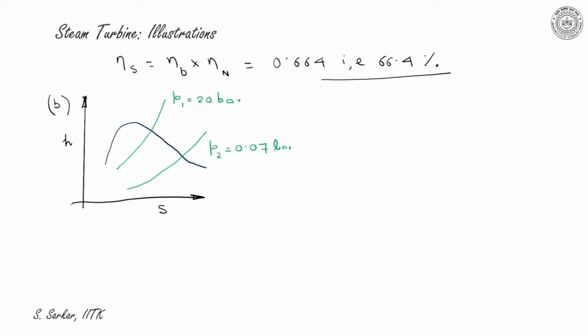So 1, 2 be the actual expansion, and this 1, 2s is the isentropic expansion. So entropy at state point 1 must be equal to entropy at state point 2s. But in the actual process, which is 1, 2, that is a non-isentropic process.